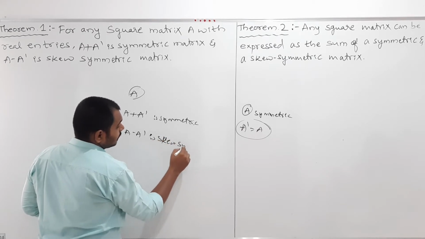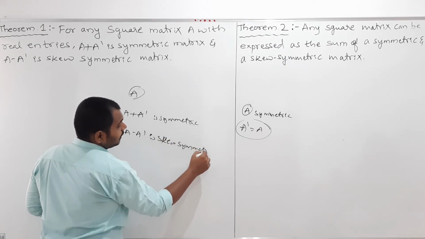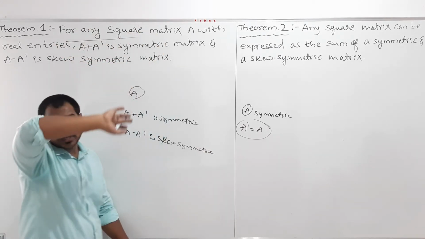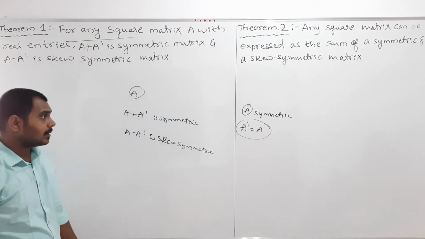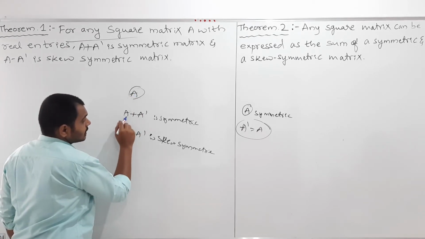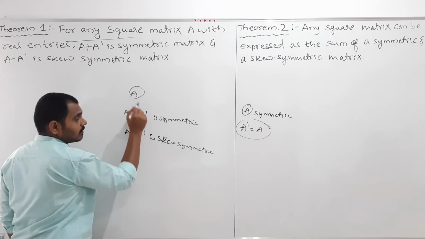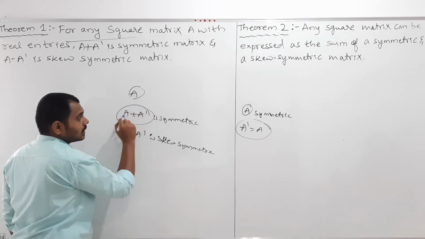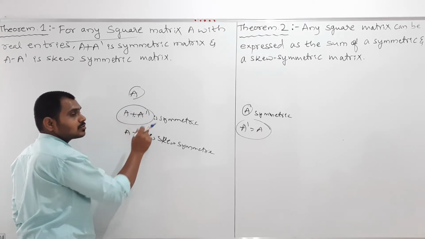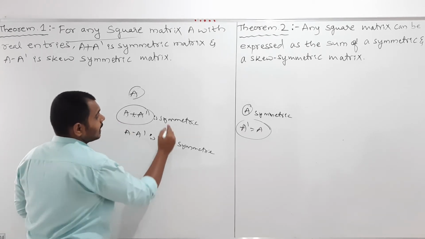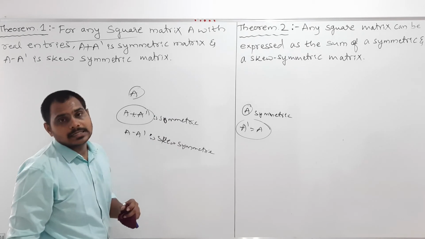They are telling that this is a skew symmetric matrix, and this holds for any square matrix you take. If you take the matrix itself and add the transpose of the given matrix, A transpose, then after adding A and A transpose, whatever matrix you get is a symmetric matrix.